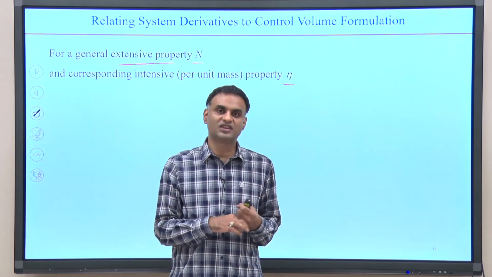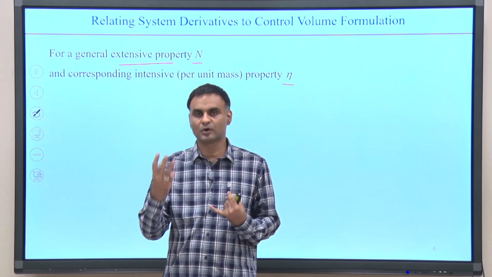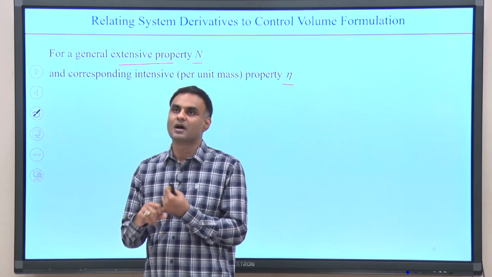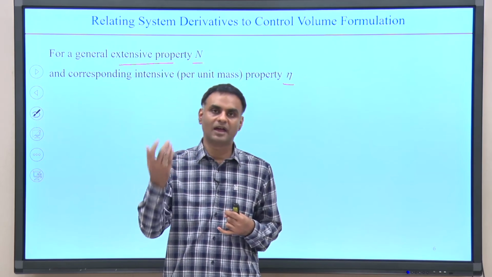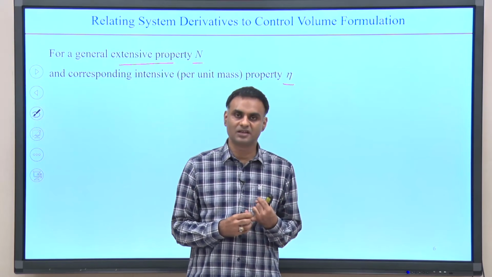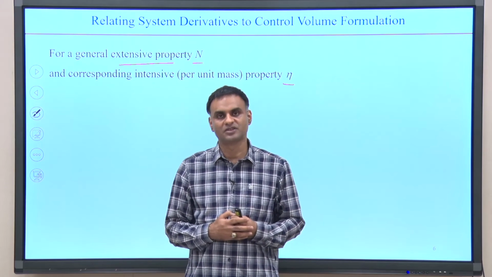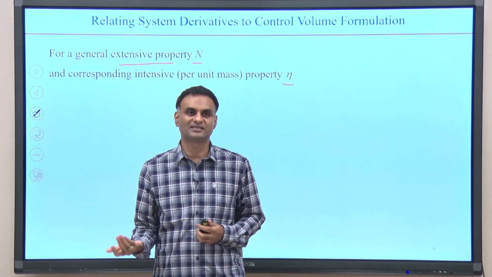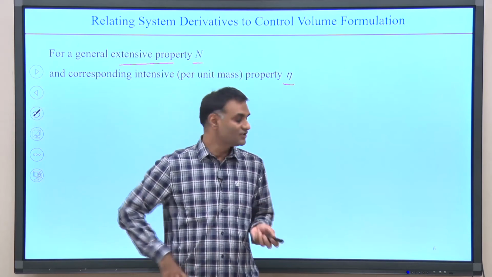So, mass, linear momentum and energy, M, P and capital E, are extensive properties, but corresponding to each of these, if we divide by mass, we can find an intensive property.